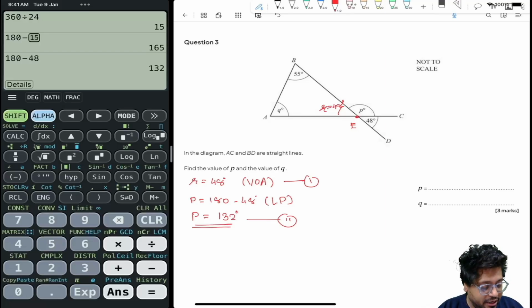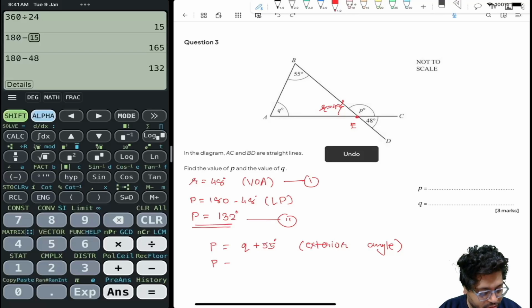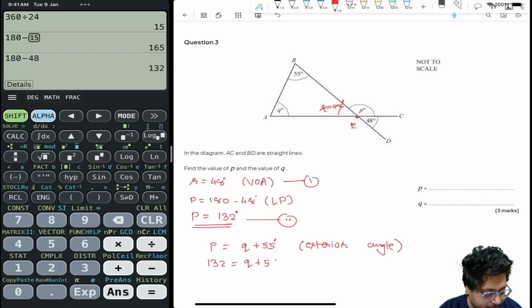An exterior angle of ABE is equal to the sum of two opposite interior angles. So P will be equal to Q plus 55. The reason is exterior angle property, right? Any exterior angle is equal to the sum of two opposite interior angles. Now let's put the value of P, which is 132, equal to Q plus 55.